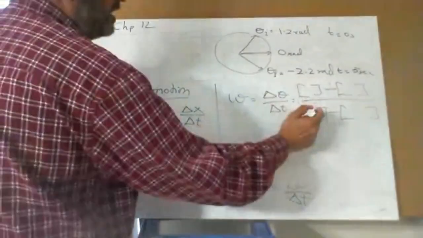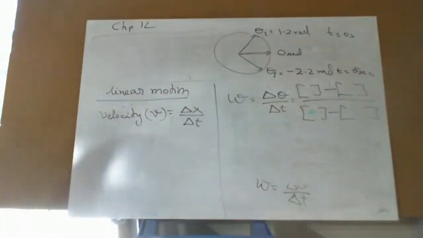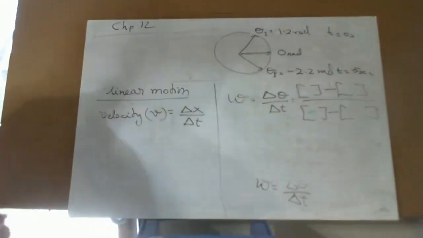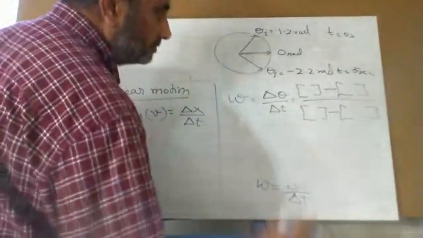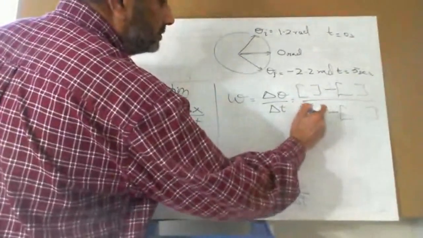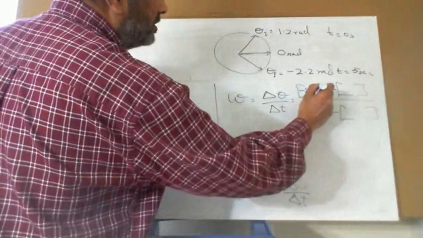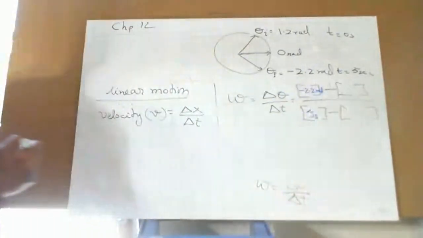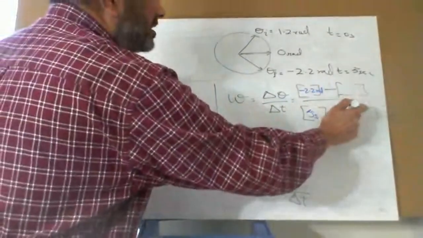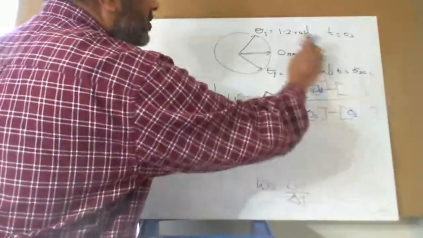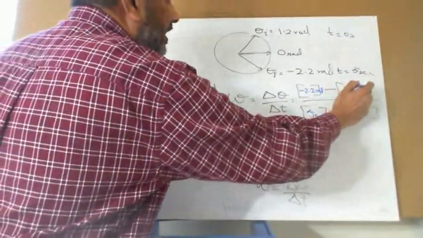The final occurred at 5 seconds, and the position was minus 2.2 radians. So final minus the initial. The initial occurred at 0 seconds. And what was the position? Plus 1.2 radians.